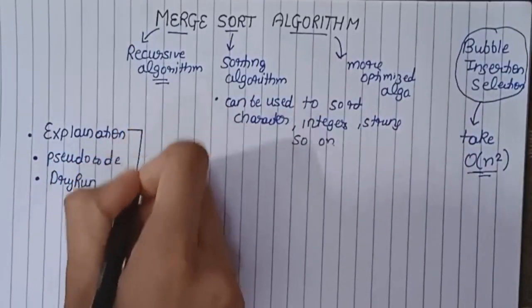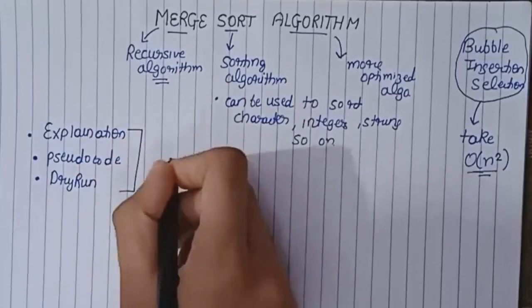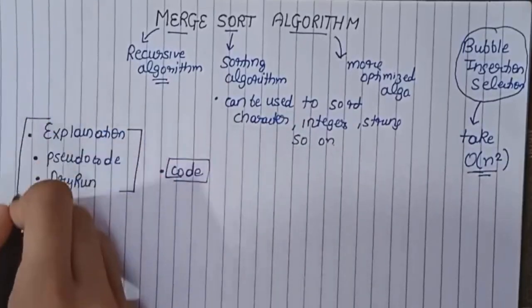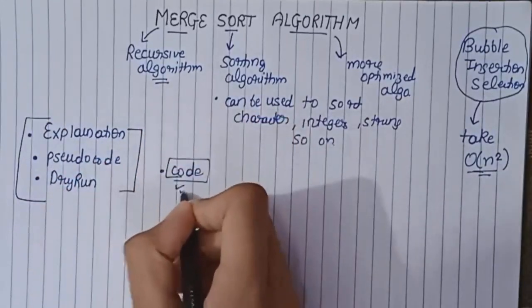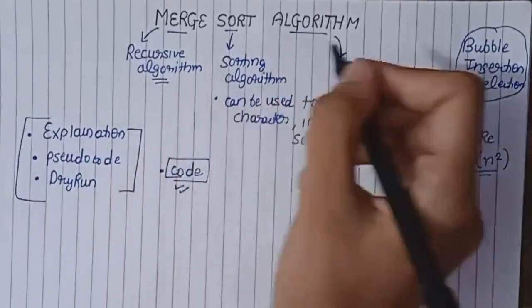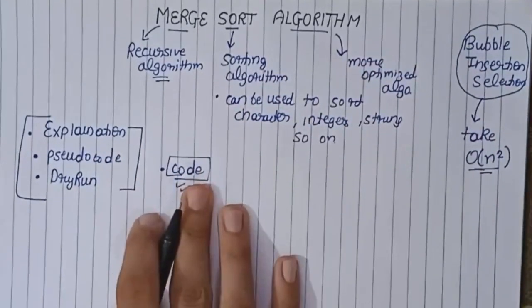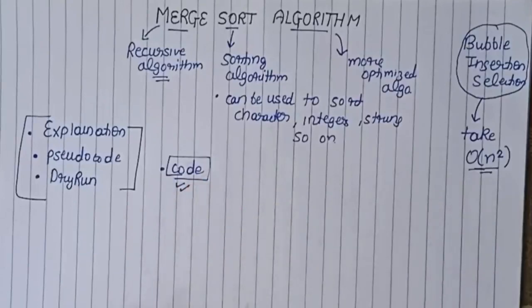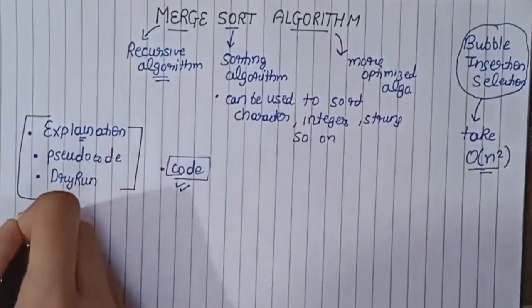After these three, we will see code for the merge sort algorithm. Once we cover these three things, you will be able to write code for the merge sort algorithm in any of your preferred languages. But in this session, I will provide you code for one particular language. So now let us start with the explanation.